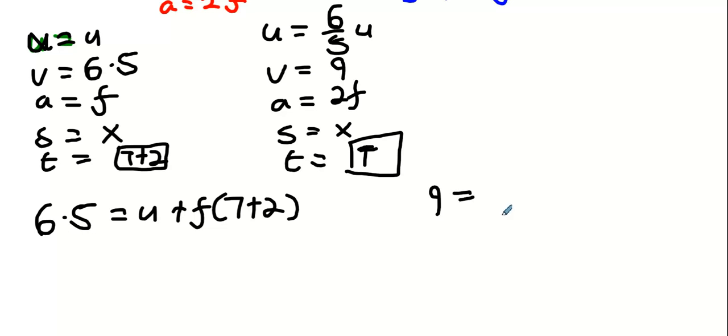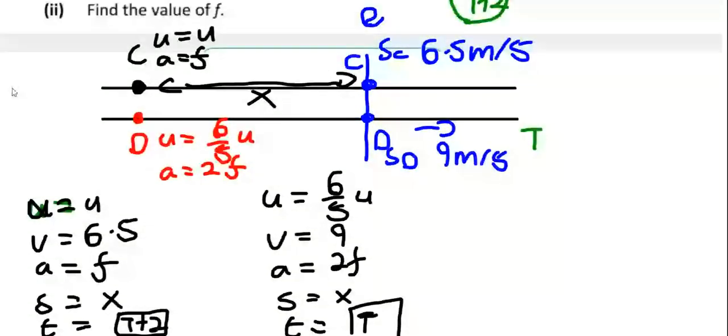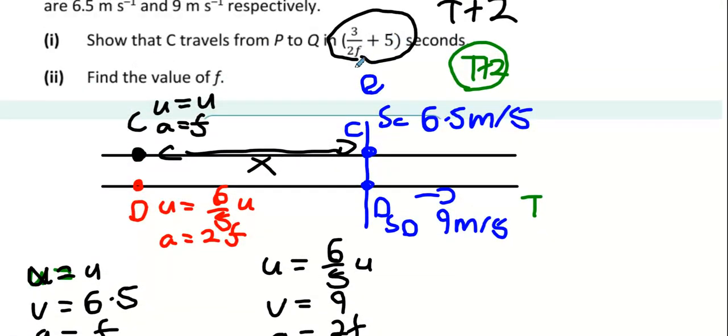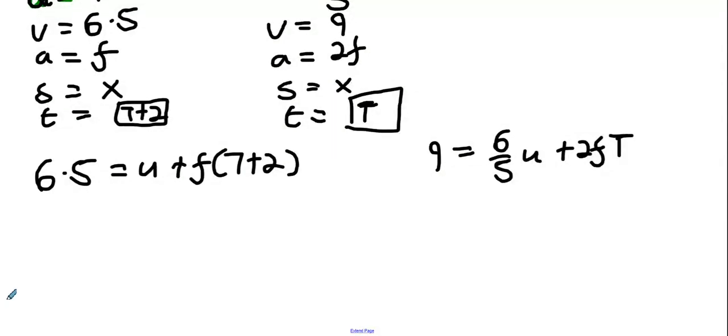After that, 6 over 5u plus at, 2ft. Reread the question. What letters are we allowed? We're allowed F, aren't we? Have an idea. Let's just get rid of the U's.